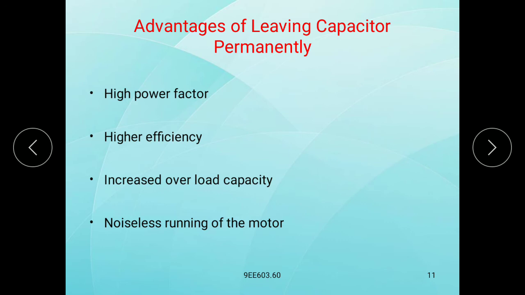Once again, the advantages of this permanent capacitor are high power factor, high efficiency, increased overload capacity, and noiseless running of the motor.